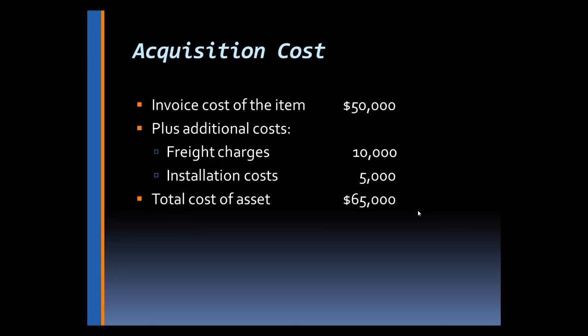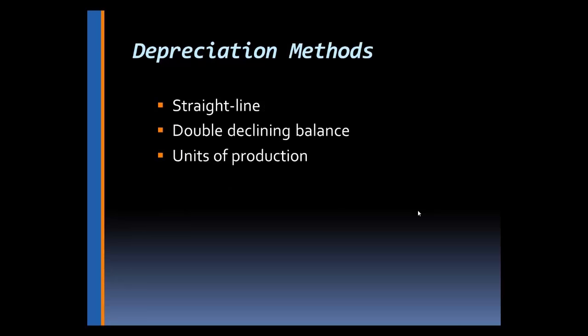In this particular case, the asset cost $50,000. We had additional freight of $10,000 and installation costs of $5,000. So the total cost that this asset will be booked at is $65,000. And that will be then written off over its useful life.